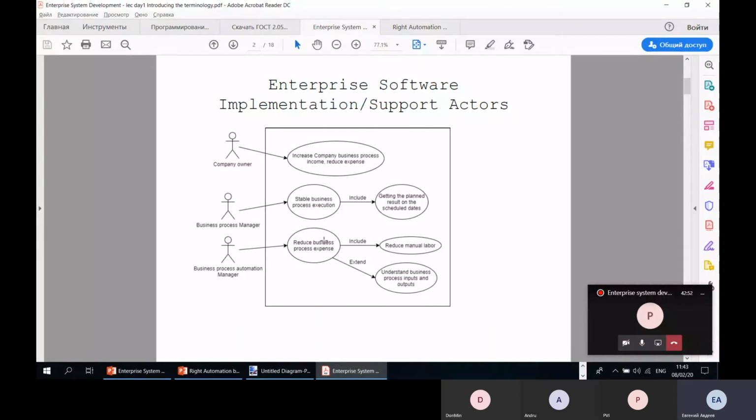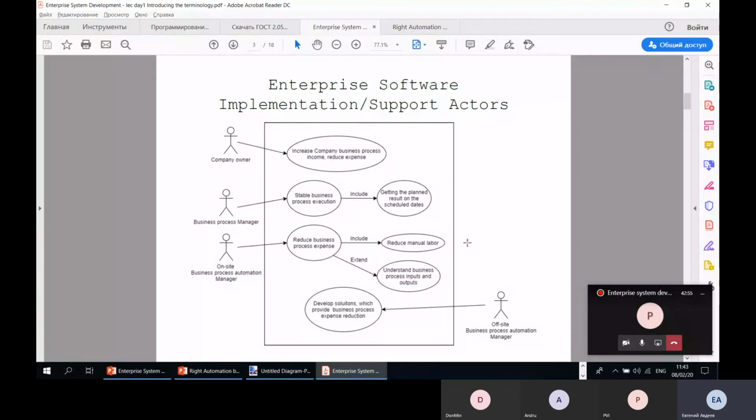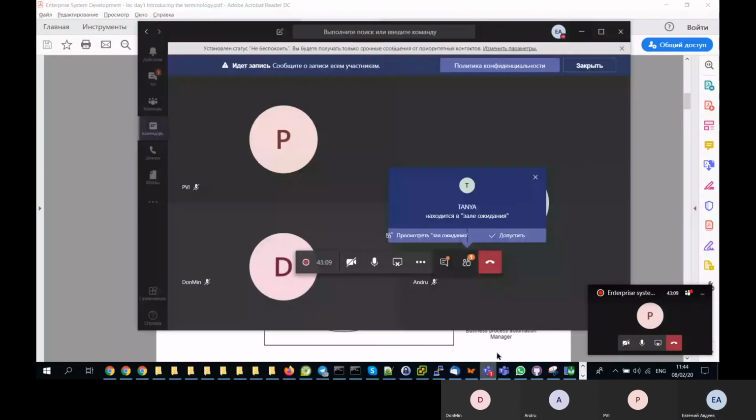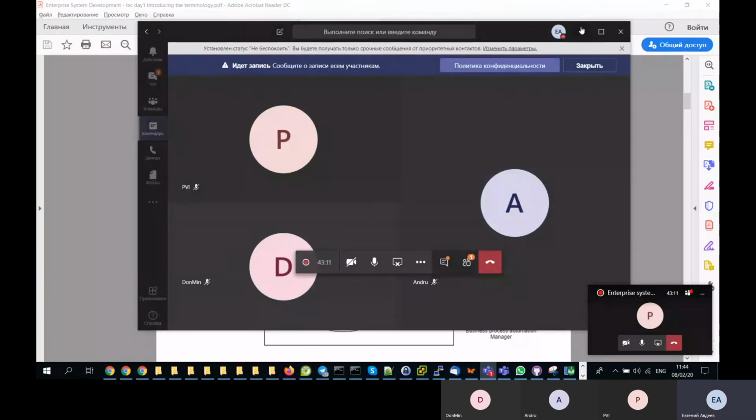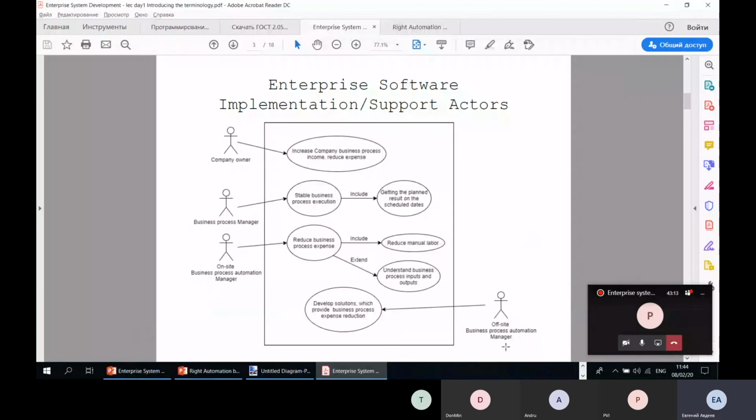Okay, I have one more slide. Maybe it will help to understand. Here is a kind of solution of this problem. We have the side of automation, the side of the solution developers, which have to sell as much as possible of their solution to this company.